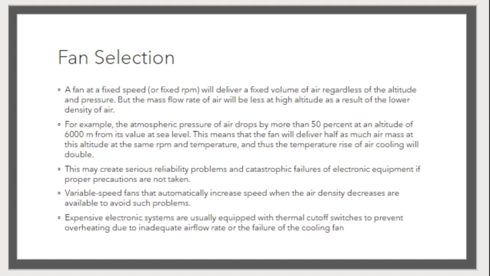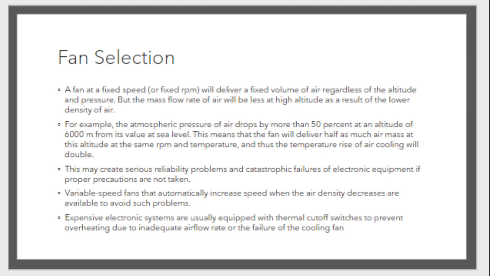Fan selection. A fan at a fixed speed or fixed RPM will deliver a fixed volume of air regardless of the altitude and pressure. But the mass flow rate of the air will be less at high altitude as a result of lower density of air.